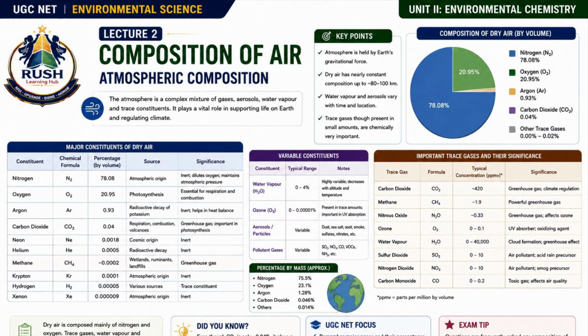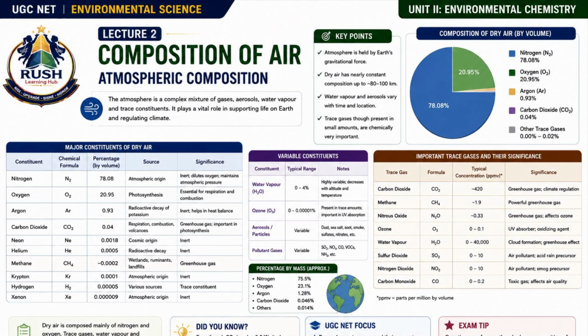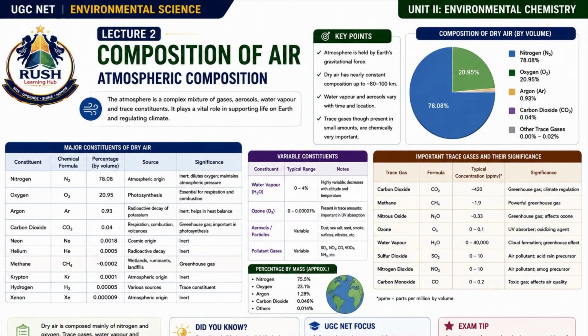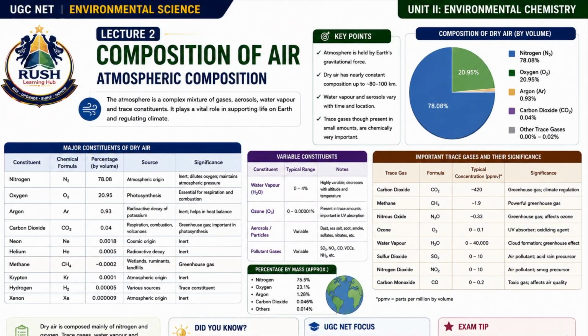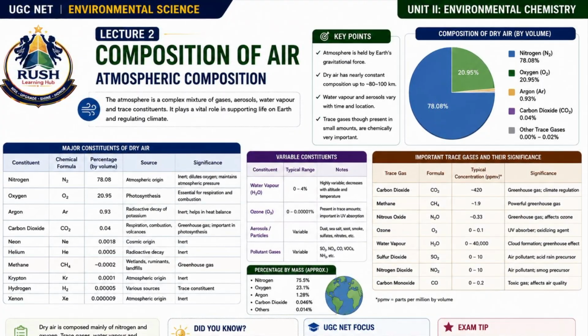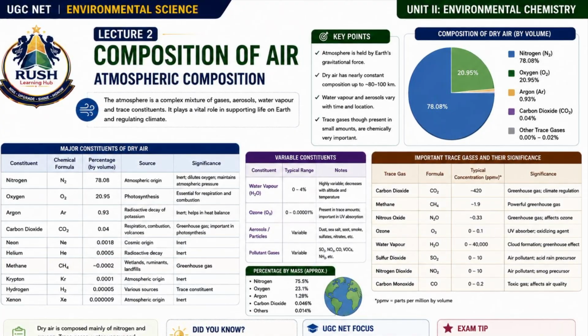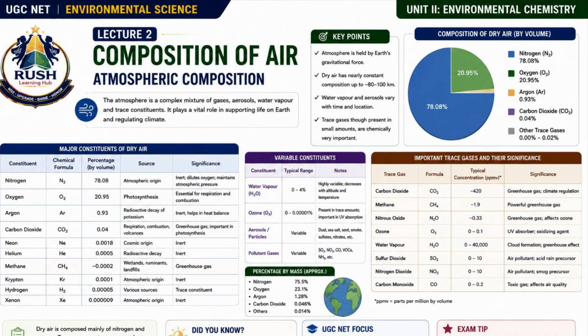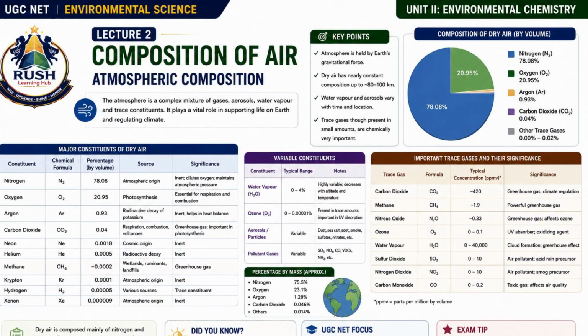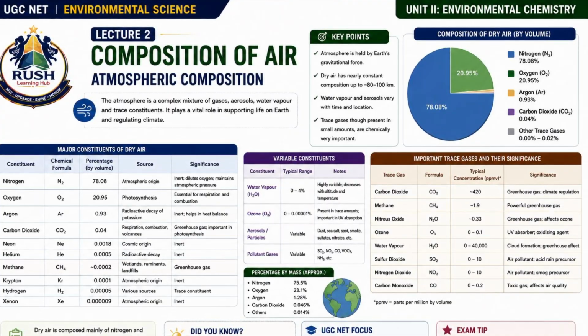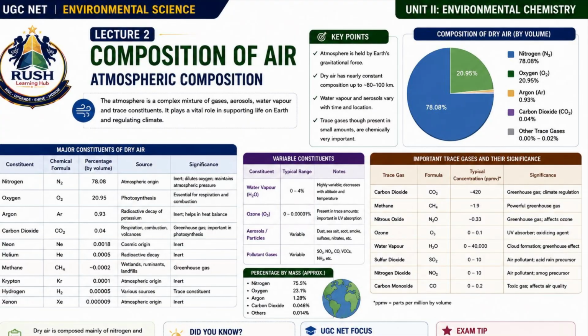For example, increased carbon dioxide and methane concentrations contribute to global warming. Similarly, elevated sulfur dioxide and nitrogen oxide concentrations contribute to acid rain and smog formation. This is why environmental scientists continuously monitor atmospheric composition.